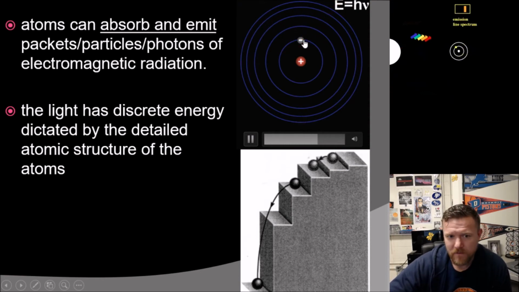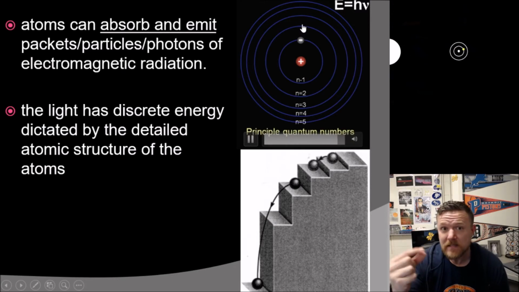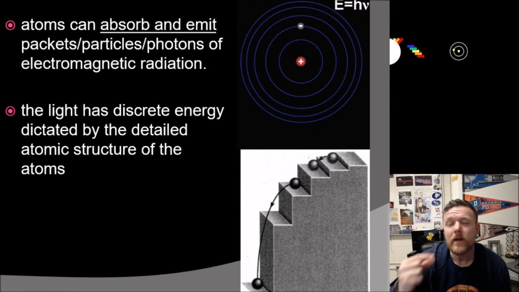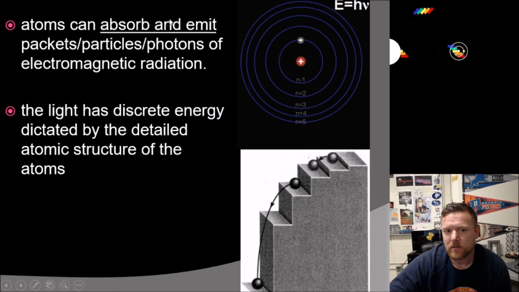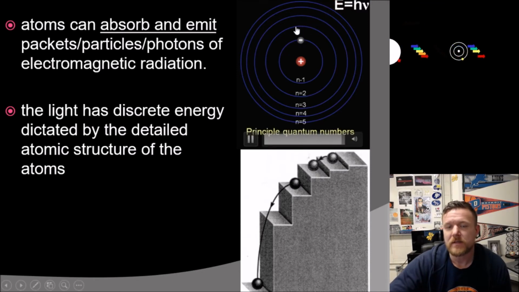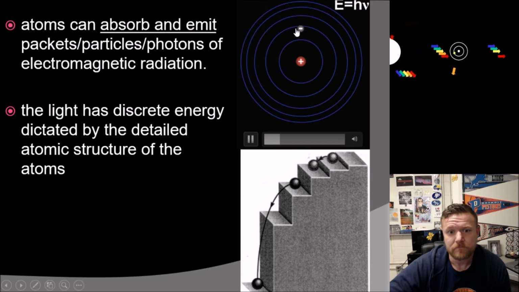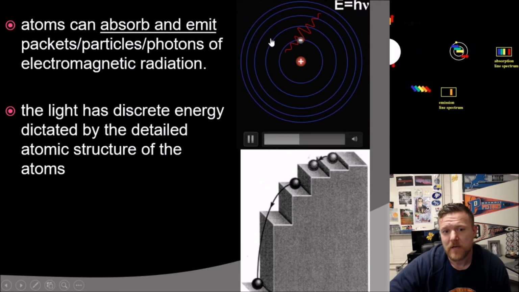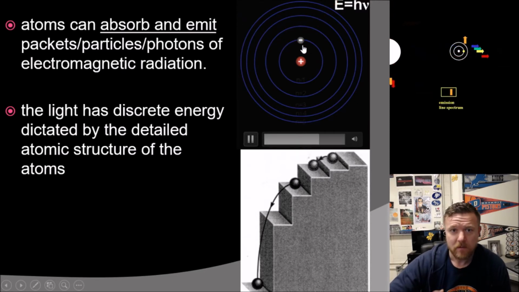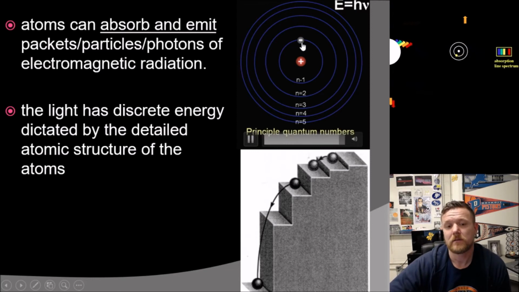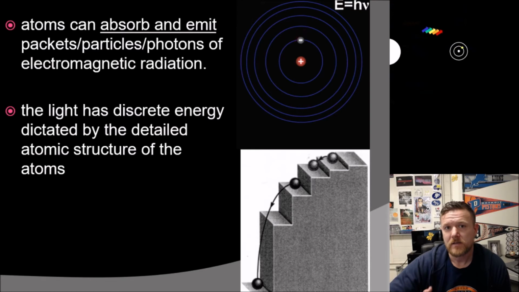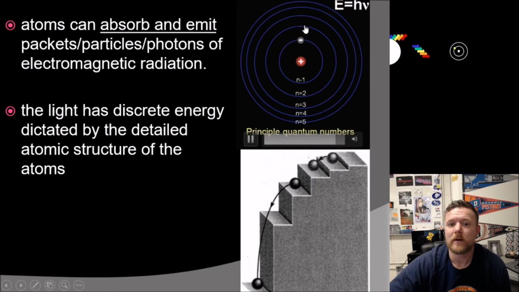To go from the first to the second is a very specific amount of energy. And only a photon with that exact amount of energy can get this little electron to bounce up to this second energy level. As soon as a photon with that exact amount of energy hits this electron, it will bounce up.